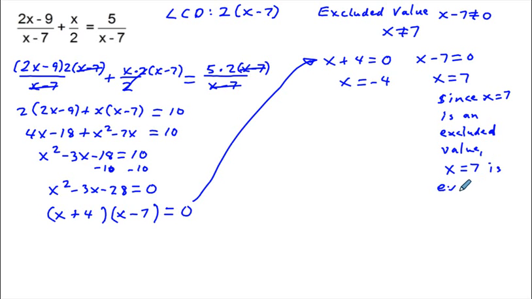I'll just call it extraneous. An extraneous solution is a non-solution that is created in the process of solving an equation, and it comes up for certain types of equations. But x equals -4 is not an excluded value, so x equals -4, we call this a real solution.